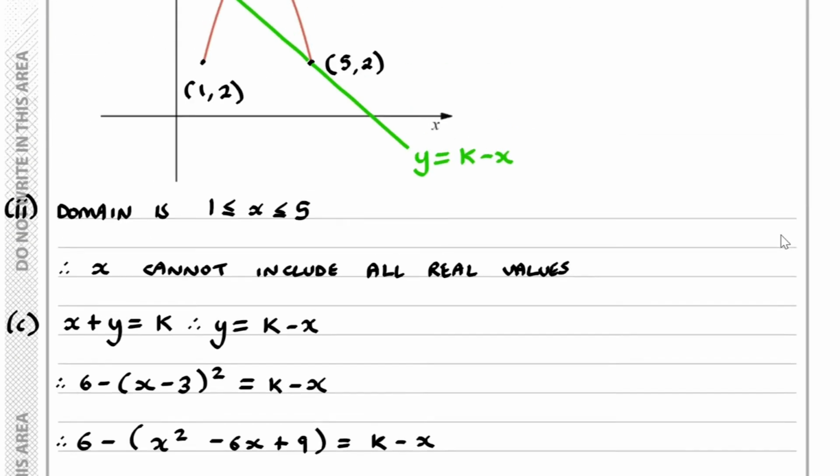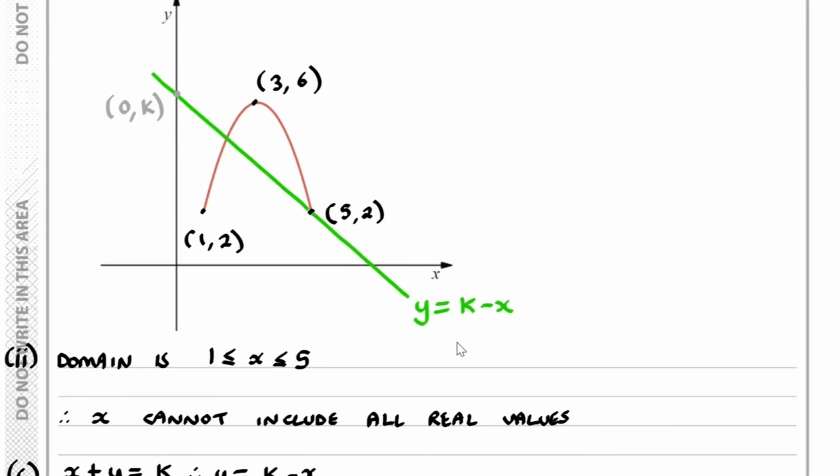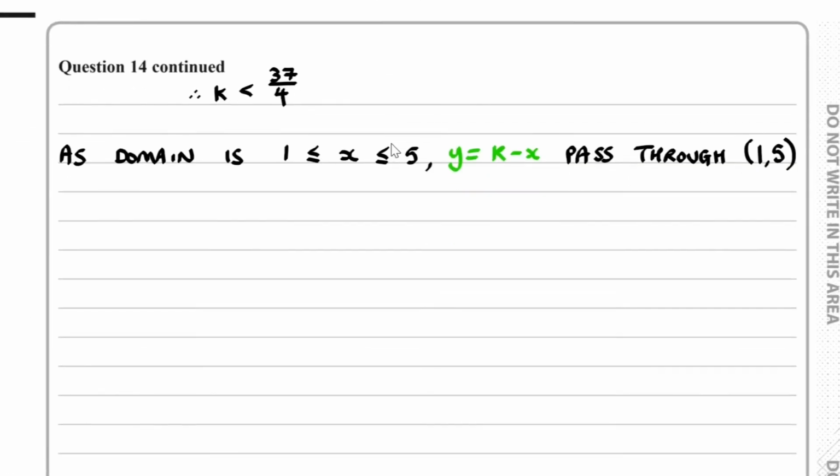So it passes through 1, 5 as we see here, and that allows us to have the curve crossing at two distinct points. I can't have anything below the line, such as here, say, because it won't intersect at 2 points. So between this value and this value is where it would intersect at two distinct points.